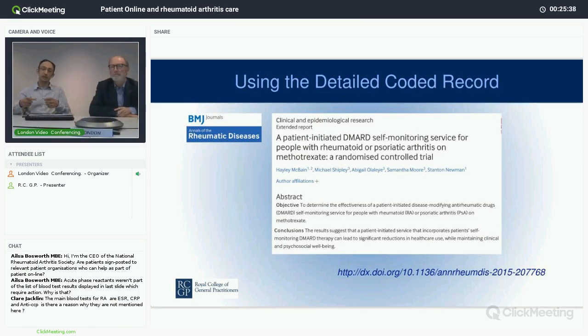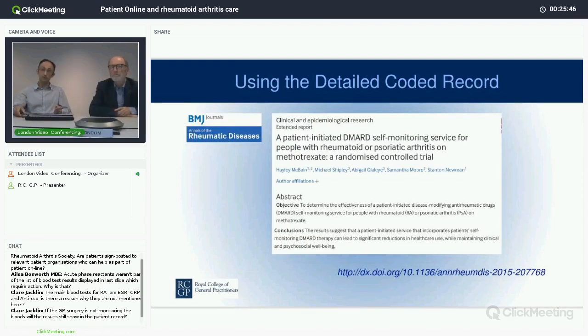It was a very specific study looking at allowing patients to have access to their own blood test results in the context of being on methotrexate, and instead of it being the clinician who would call the patient in, it would be all self-directed from the patient's perspective. The patients would be given access to their own results, and if they felt things were deteriorating or there was something of particular concern, they would contact the rheumatology team directly.